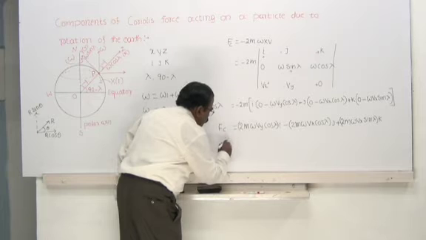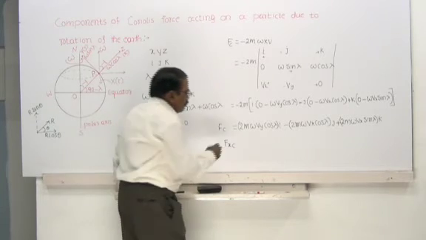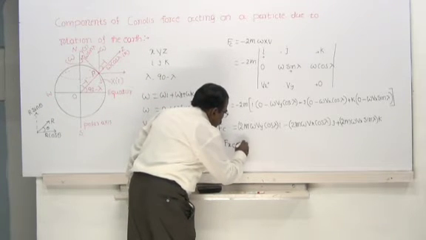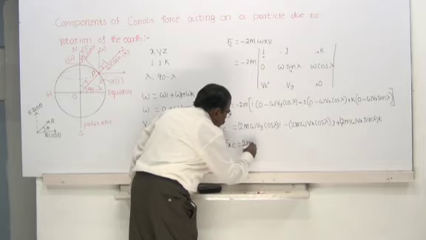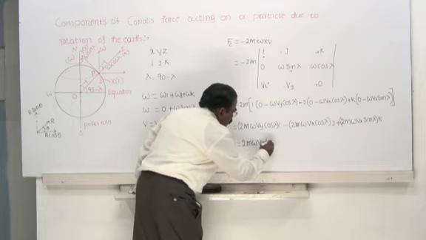Of course, the three components are: F_xc, the x component, is 2m omega Vy cos lambda.